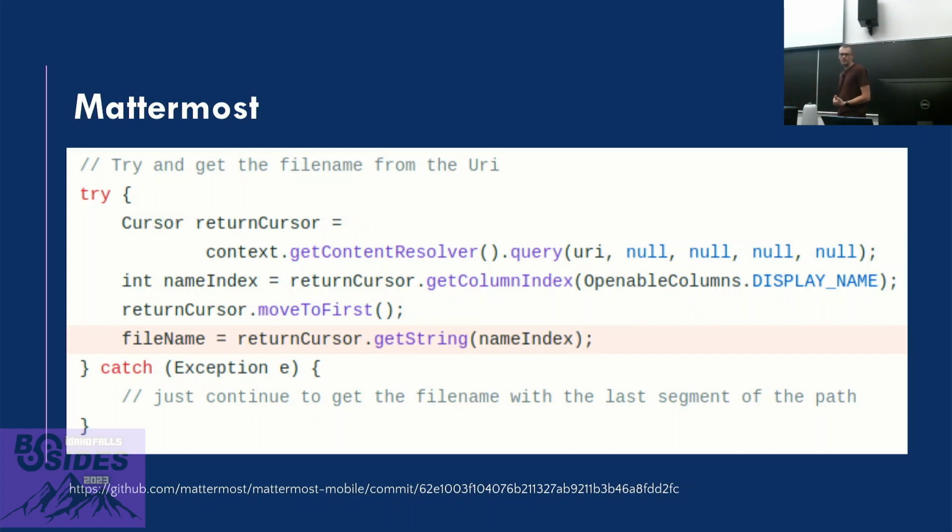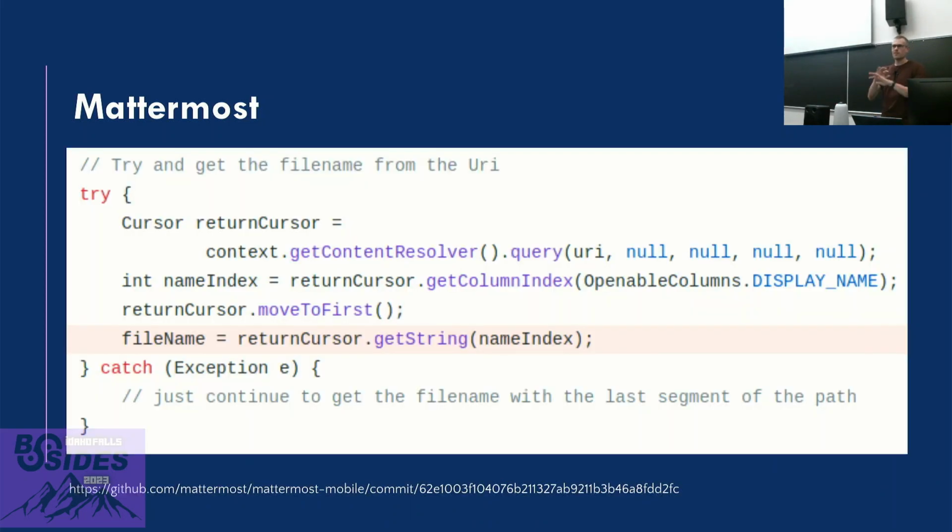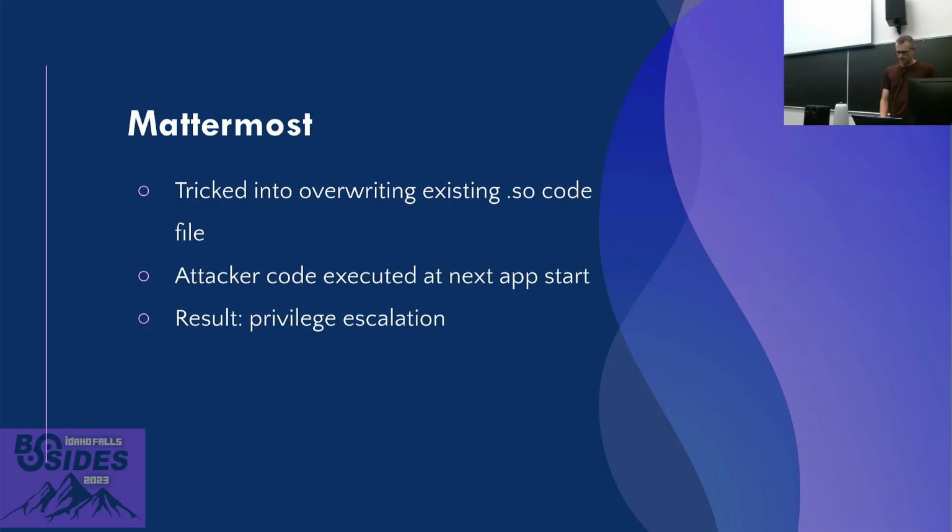The getString call is Mattermost just requesting the file's name. And as you can see, there's no further processing done. It's just telling Android, hey, give me the string that corresponds to this parameter. If we go back here, the parameter's value was name. So it's just asking Android straight up, give me that value, don't do anything special with it. And I've included a link to the commit where they fixed it there at the bottom.